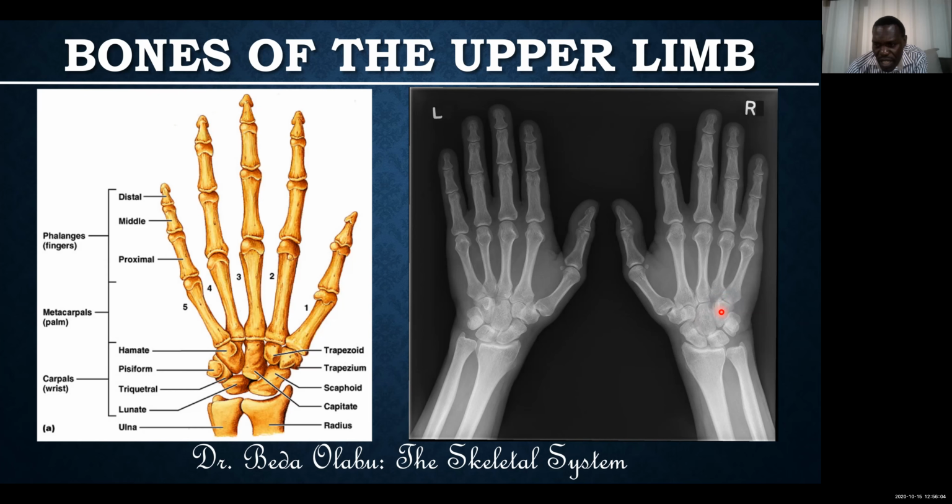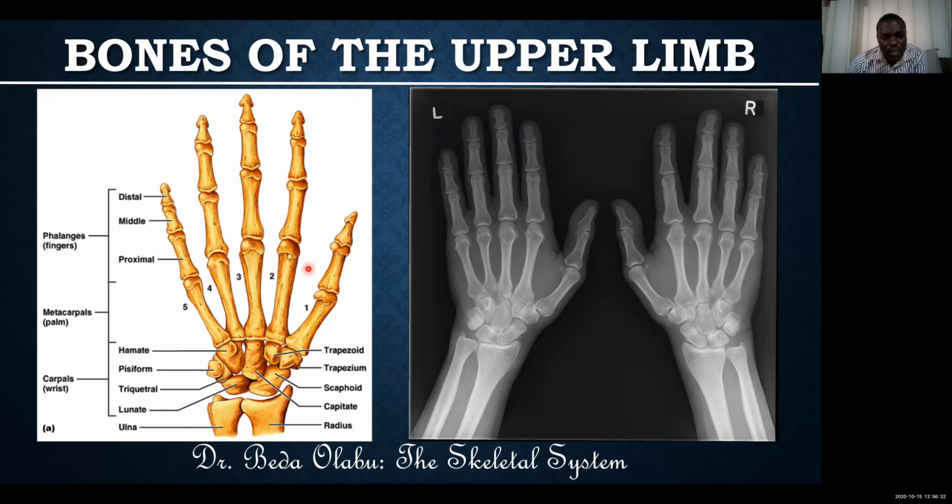Then the one aligned with the other two is called the hamate. So here, this is the hamate aligned with the last two. Capitate aligned with the middle finger, trapezoid aligned with the index finger, and trapezium aligned with the thumb. That's the distal row of carpal bones.